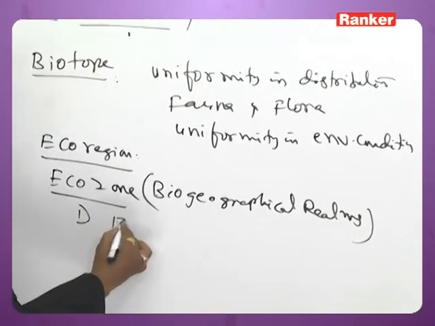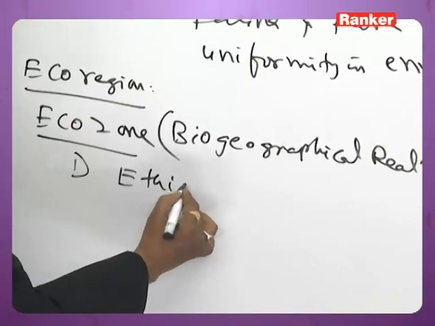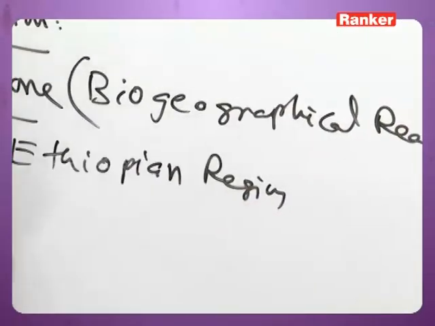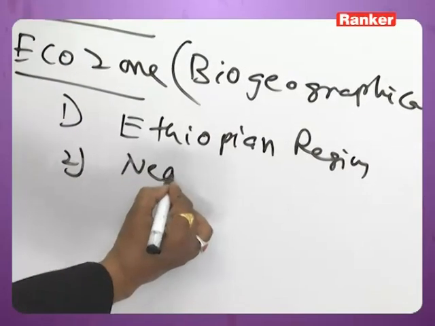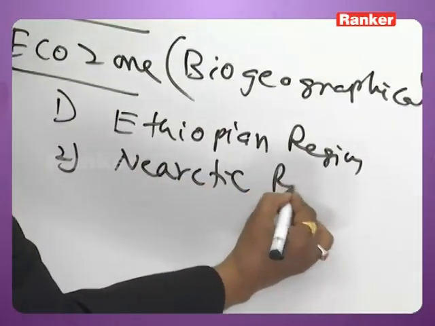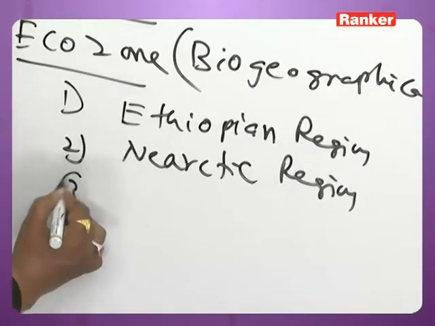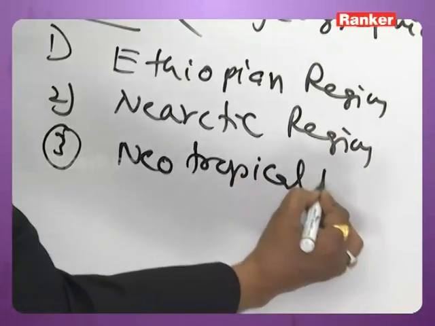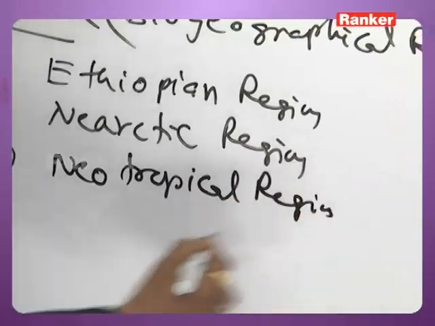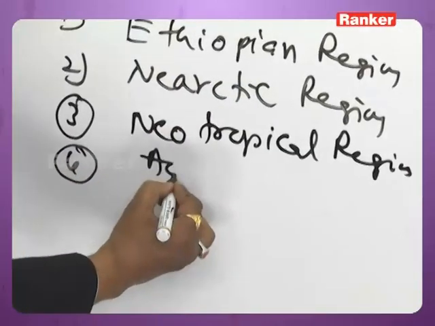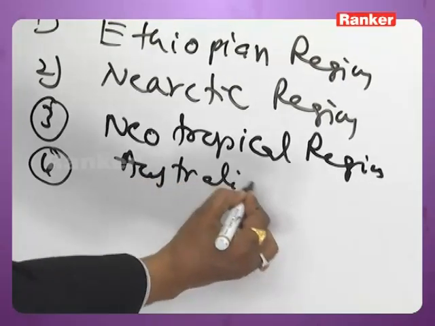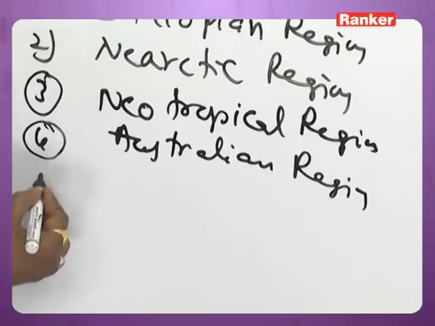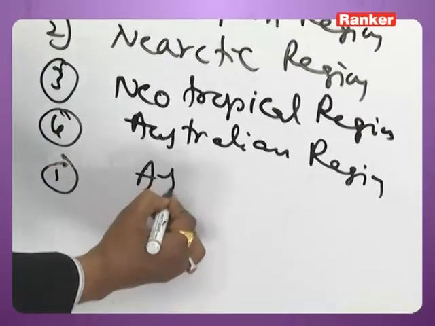You have number 1, Ethiopian region, Nearctic region, Neotropical region, Australian region, and Asia.